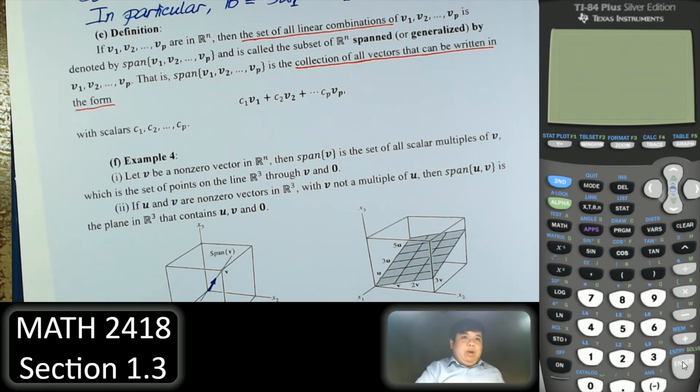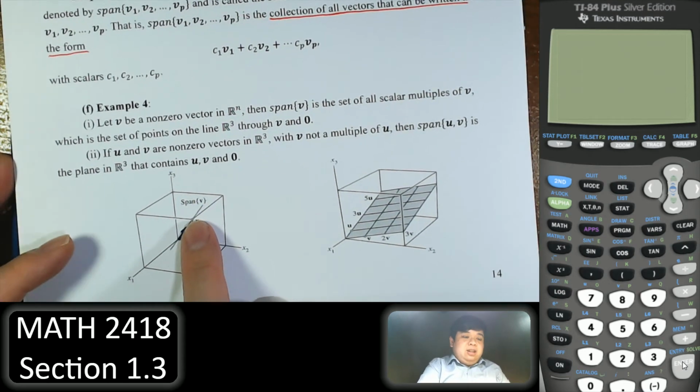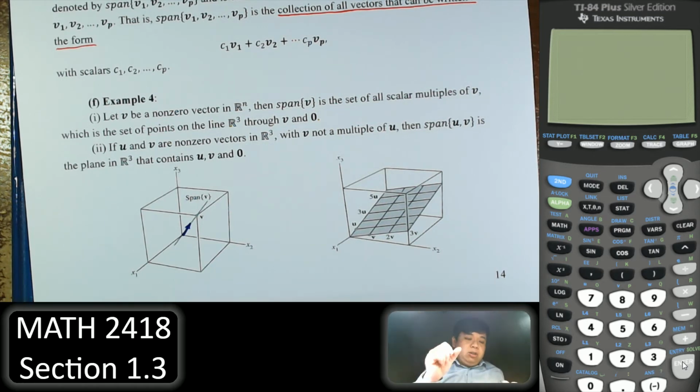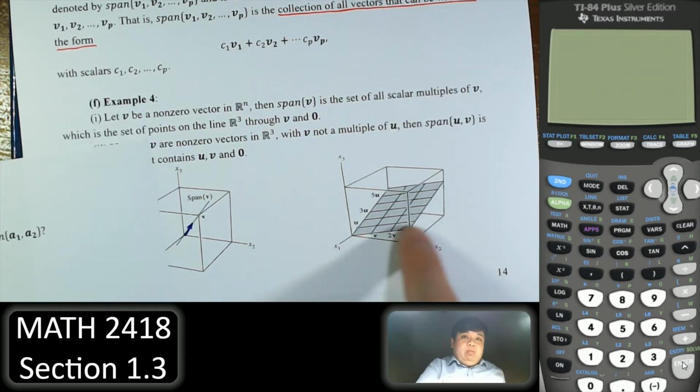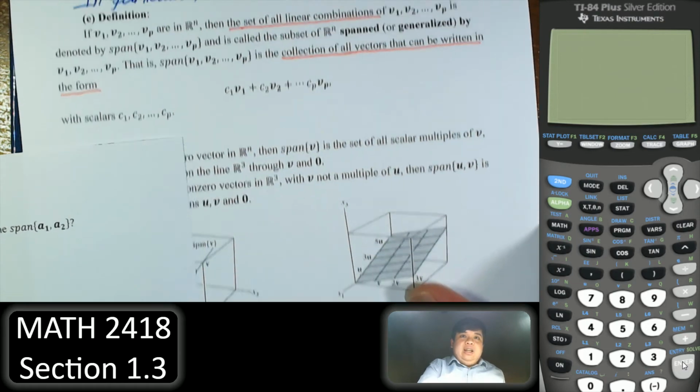So if we have one vector, it is characterized as a line. If we have two vectors that are not multiples of each other, we have a plane. If we have three vectors that are not parallel pairwise, then we can have the whole space. So think about this.